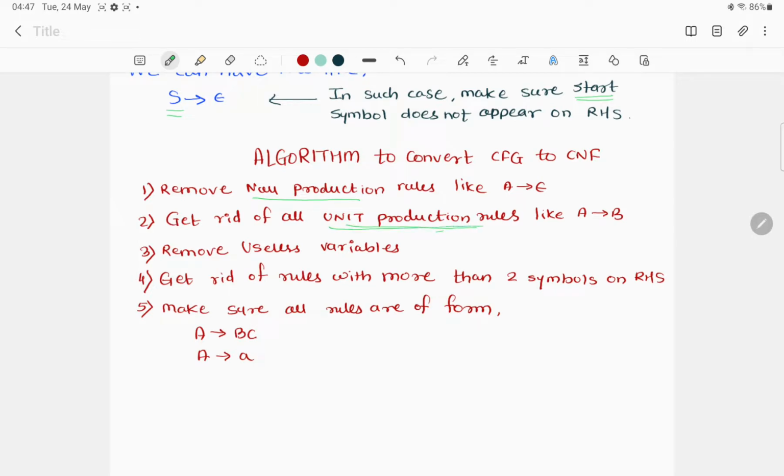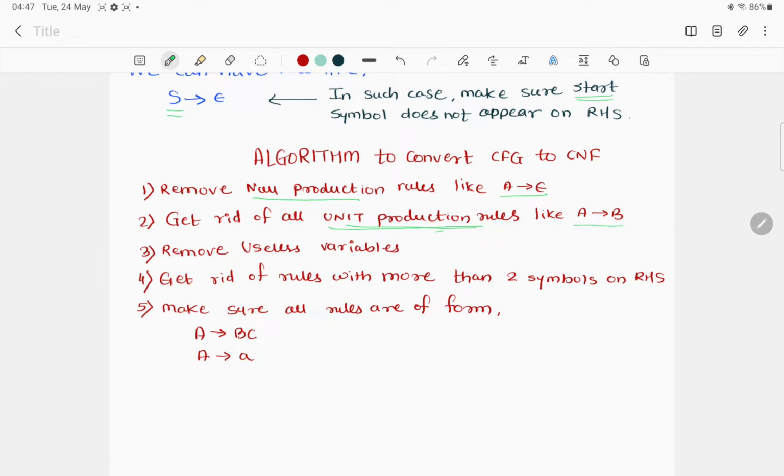Null productions are of the form where a rule is giving you epsilon. Unit productions are where a variable is giving you a single variable, like A giving B. Such kinds of rules we have to remove.